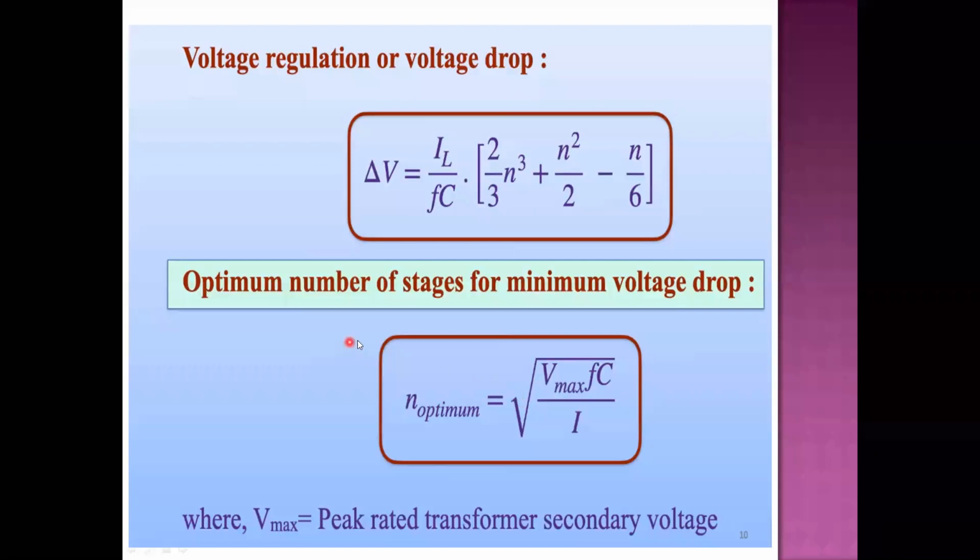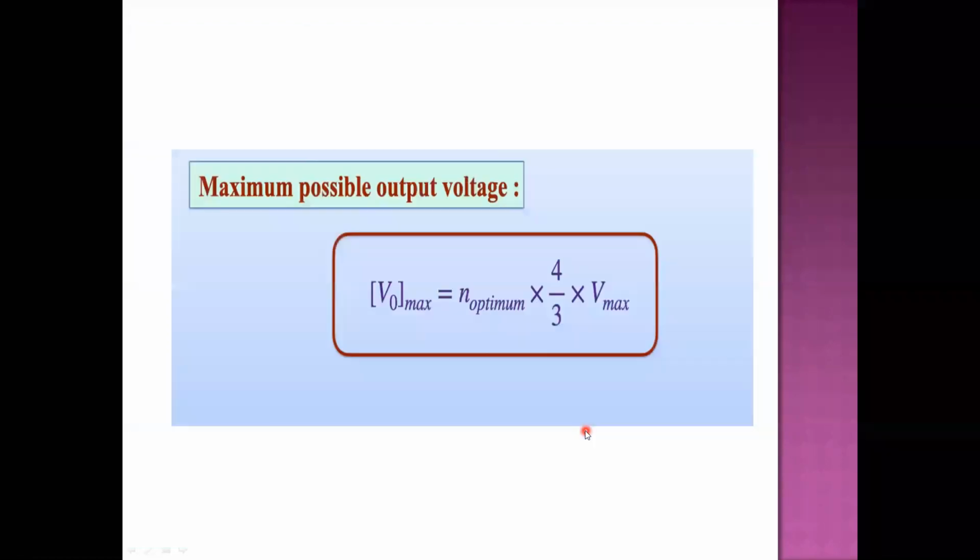So you require optimum stages, then only the voltage drop is minimum. Otherwise, if you use more stages, the voltage drop is maximum. To reduce the voltage drop, you have to use the optimum number of stages, which can be found using N optimum is equal to square root of V maximum FC by I.